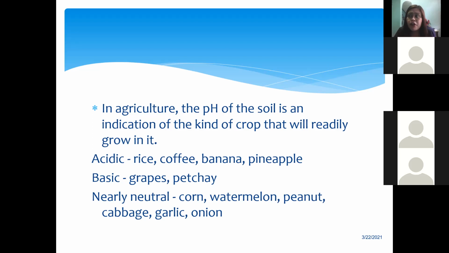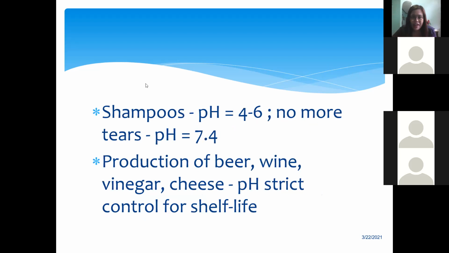And the coffee also, the kind of coffee grown around Mount Matutum. So the fruit tastes good because it is planted in soil that is suitable for it. So that's another application of the pH.